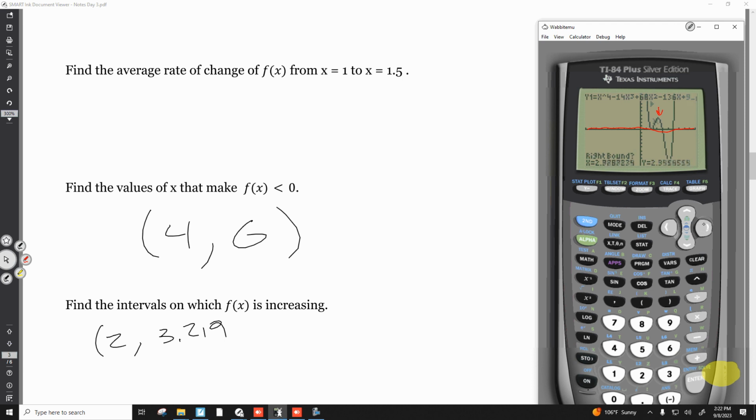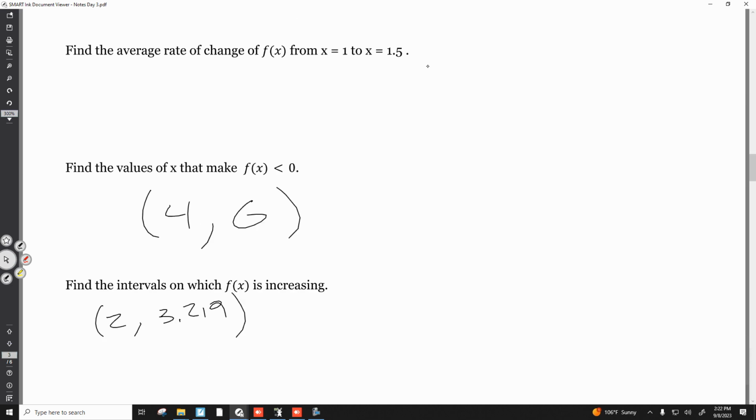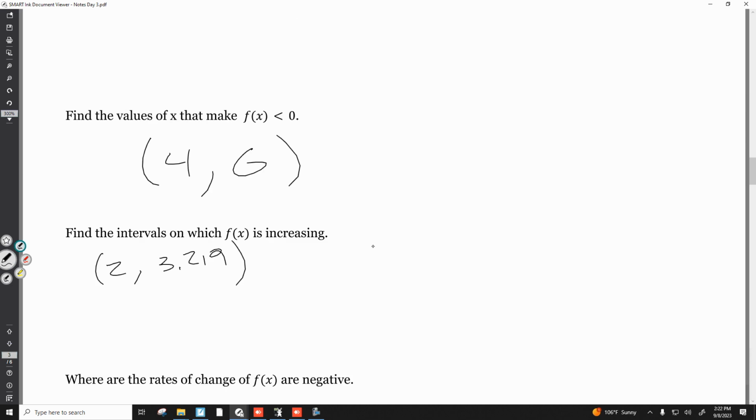You guys will need to do this. 3.219. Cool? Now, is there another interval? Yes. From our minimum to infinity, you have to find the minimum's location. We already found the minimum's location. The minimum's location was 5.28 or something. To infinity. Okay? Cool.